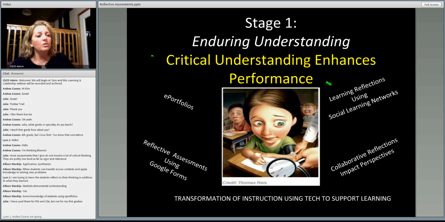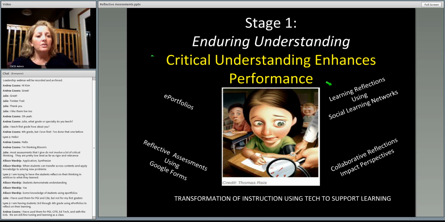Using a social learning network even in a back channel type of way, like using Cover It Live or Today's Meet. So, experiences with this as well? I'm looking for you to connect to these ideas before I begin, and so I'm kind of fleshing them out as I go through each of them.